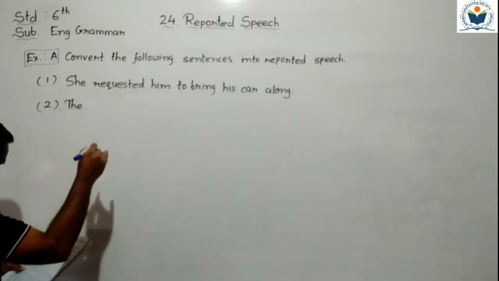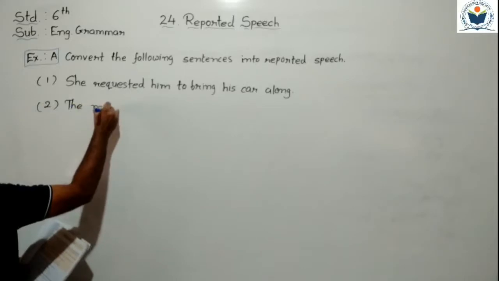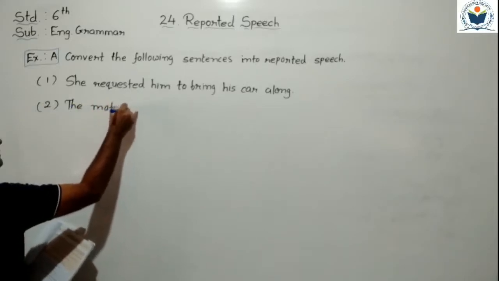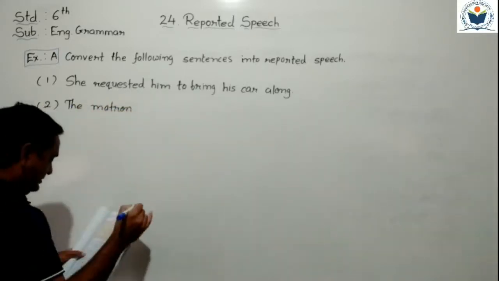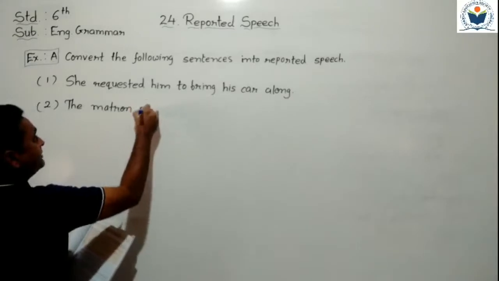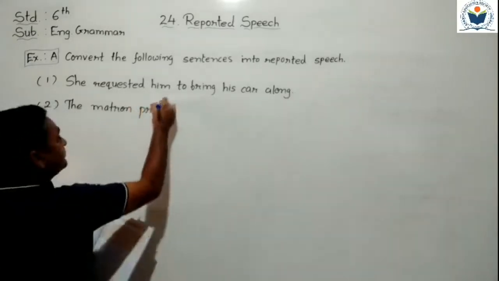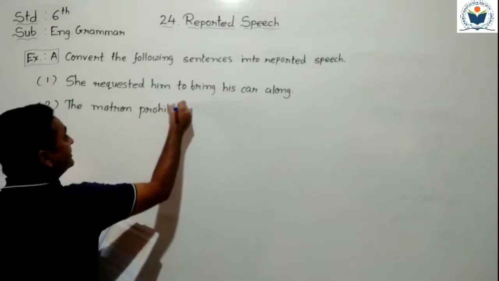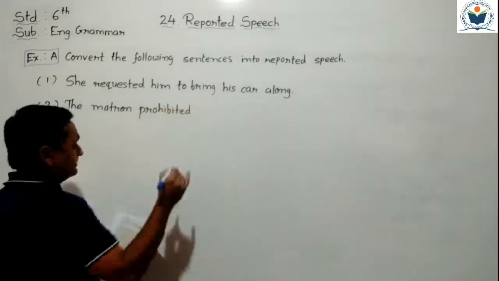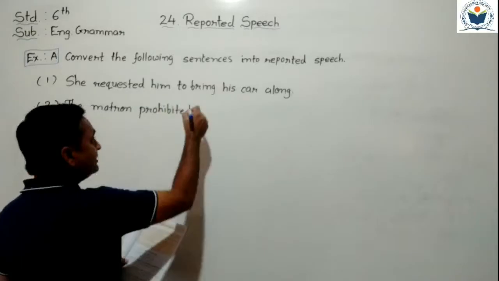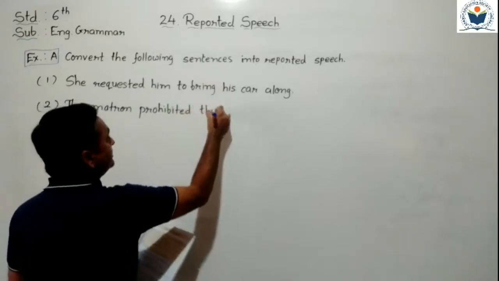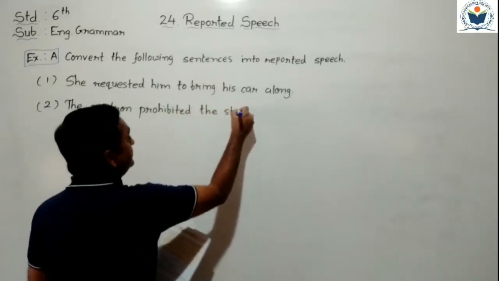The matron prohibited. I put here prohibited as a reporting verb. Prohibited the students. I put the object here, the students.